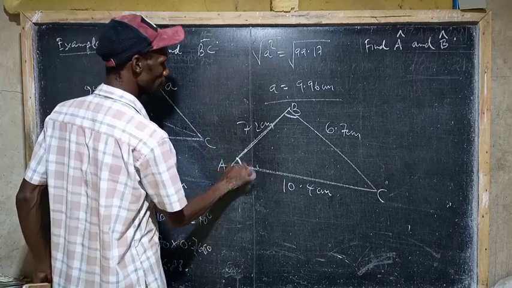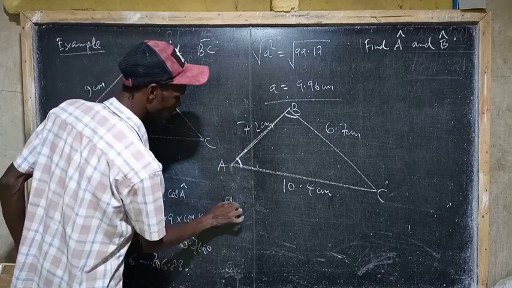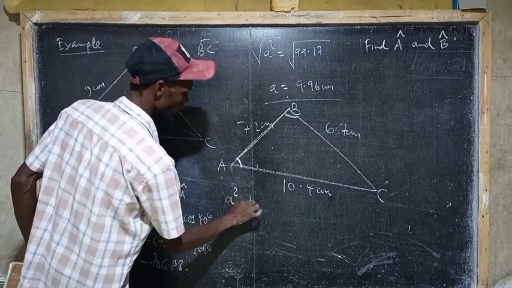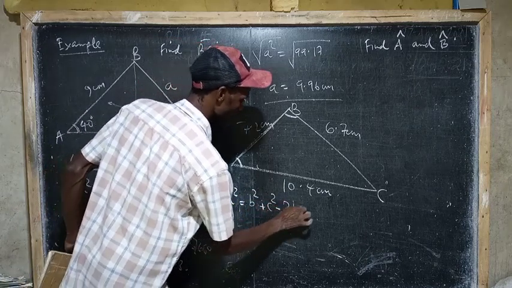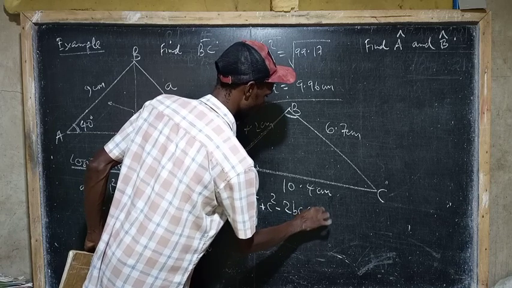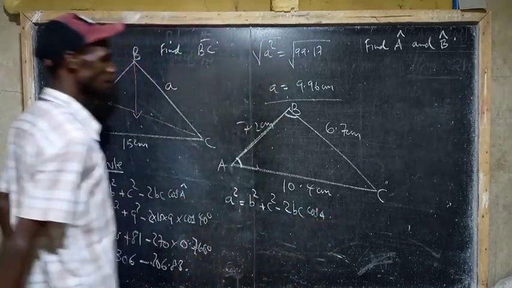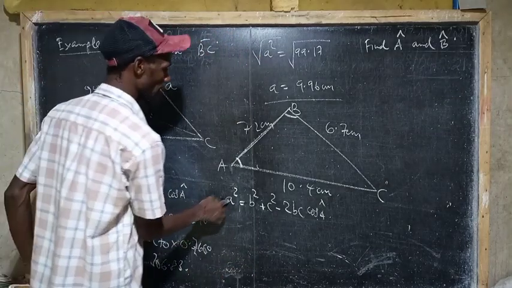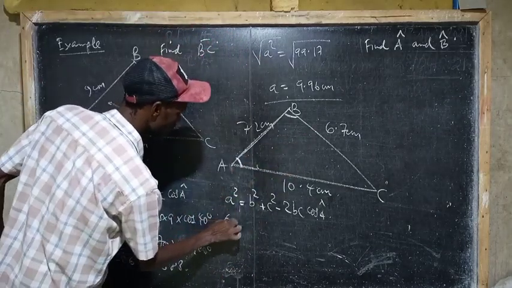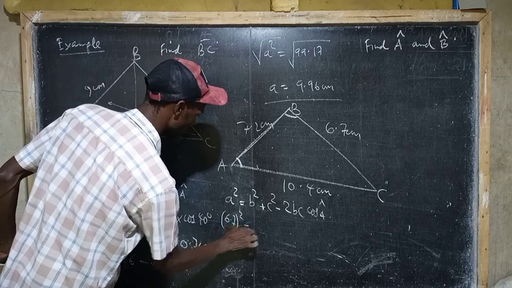Sasa hii hapa inapatikana kwenye A ambayo ni A squared sawa sawa na B squared plus C squared minus 2BC then cosine of an angle A. Hii hapa ndo tunaweza tukaipata. Sasa ukiangalia A tumepewa ambayo ni 6.7, tunafanyaje? Tuna square.